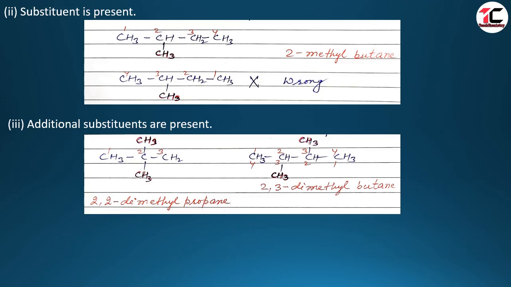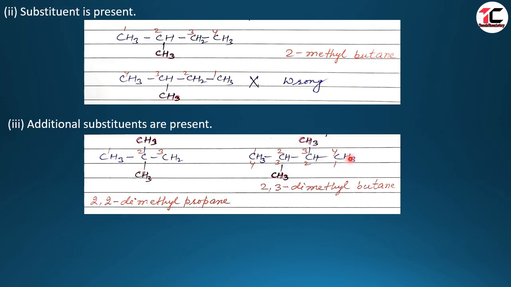Similarly, in this case we can see there are two substituents, CH3 and CH3, and here is a chain of 4 carbon atoms. This methyl group is at number 2 and this methyl group at number 3.